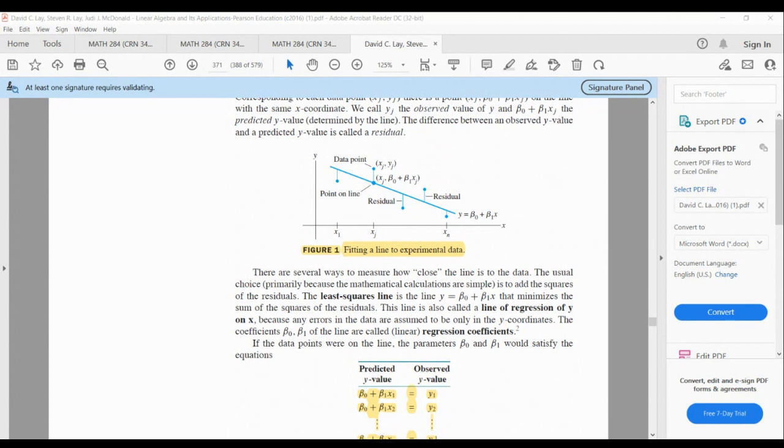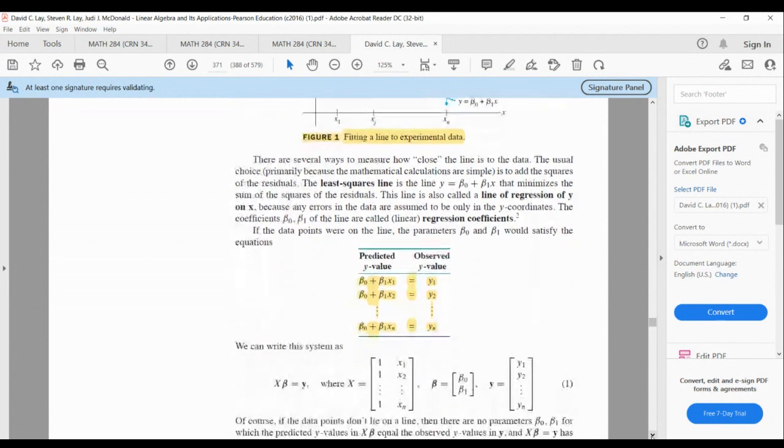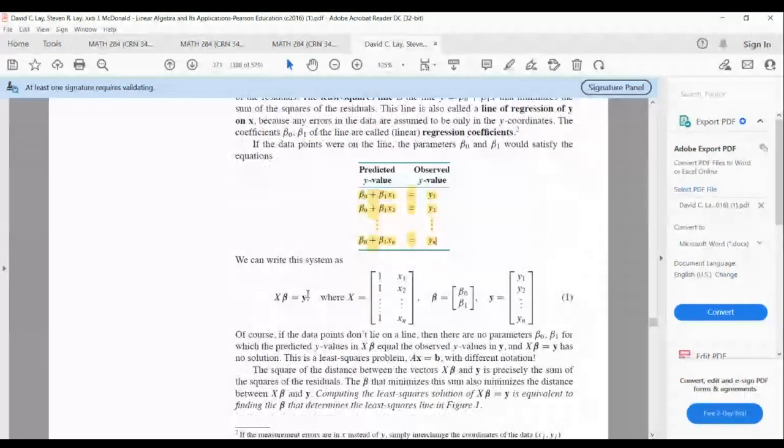So this turns out to be a least squares problem. What we want is a line of best fit, a line that minimizes the distance between the observed values and the predicted values based on the model. All of it can be expressed in terms of a least squares problem.